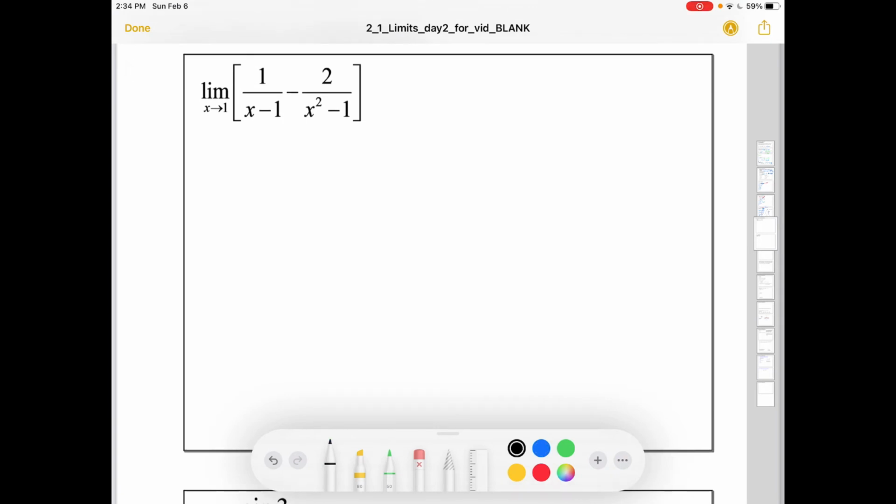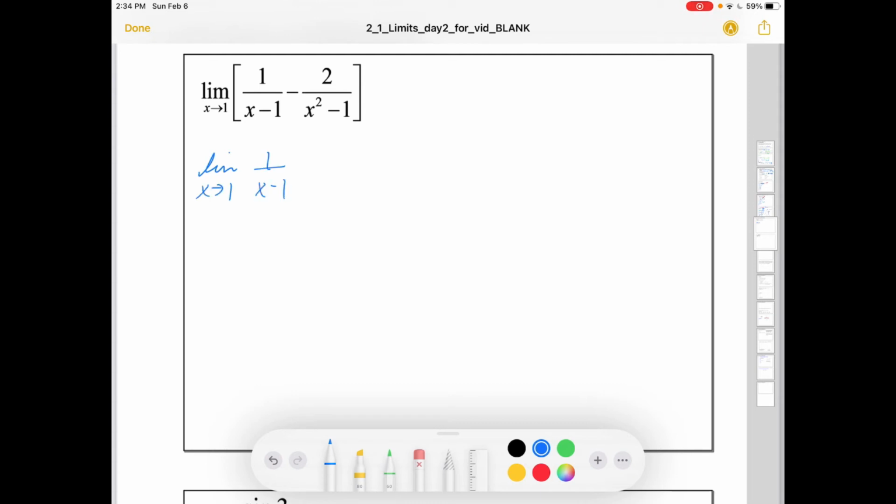Here's another one. And here I'm going to have 1 over 0 minus 2 over 0 when I put them together, or undefined minus undefined, which is another sneaky way of writing an indeterminate form. If you see two fractions, try and turn them into one fraction, and that's probably what we would assume we'd be doing anyways.